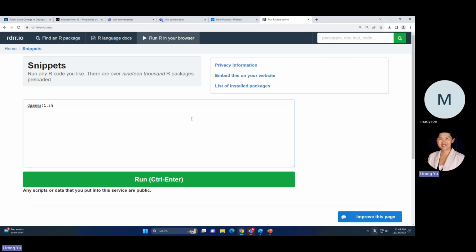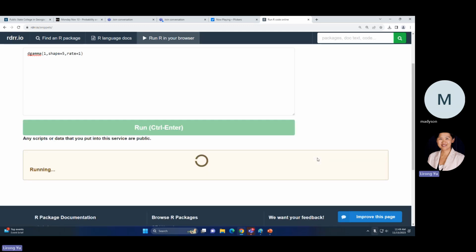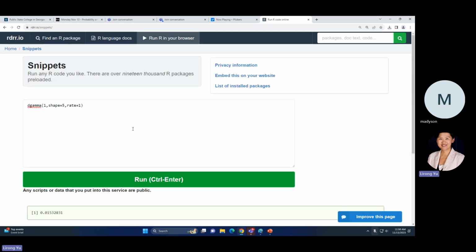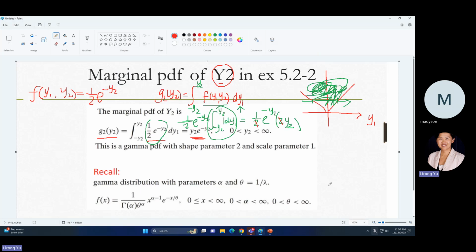You do have to identify the alpha, like shape equal to 5. You also have to identify something called a rate. The rate is actually the lambda, so lambda equals 1 in our case. It calculates the density value for you if you ever want to graph it or calculate it.